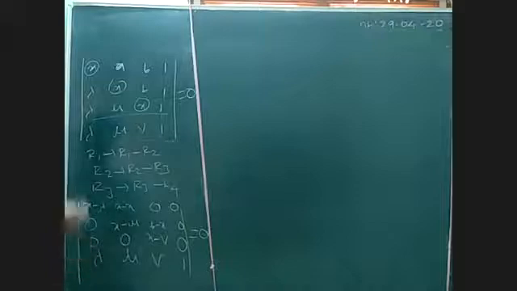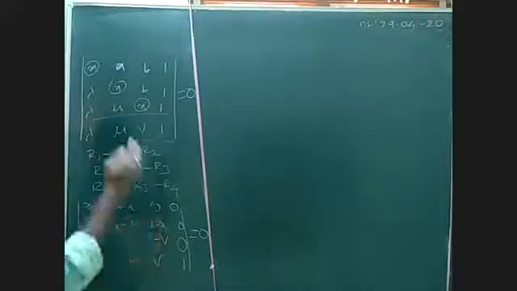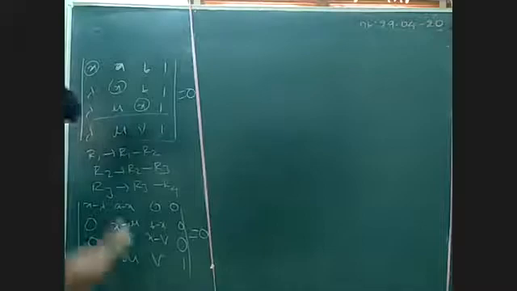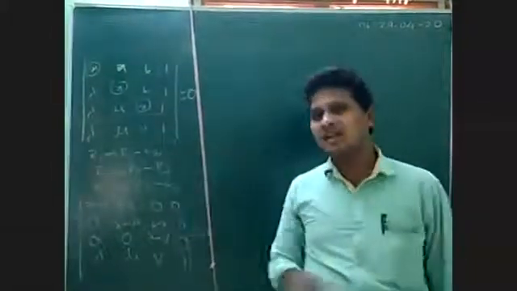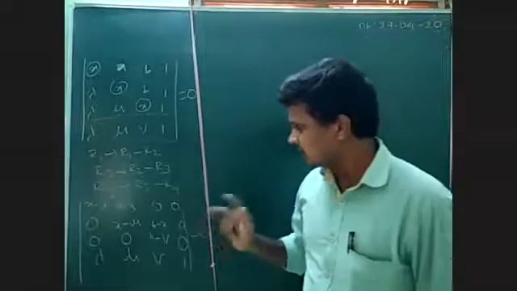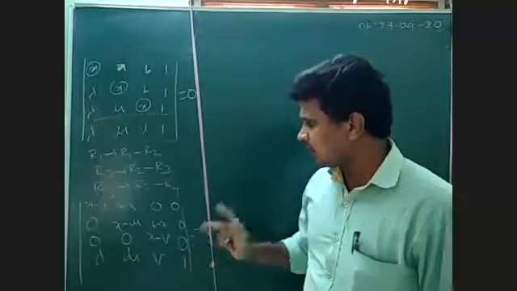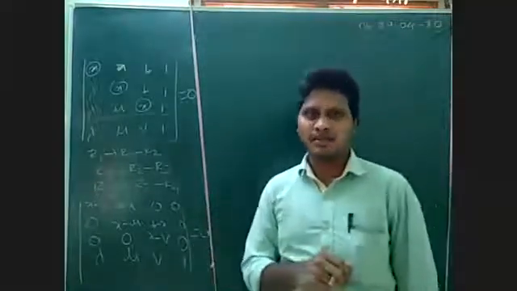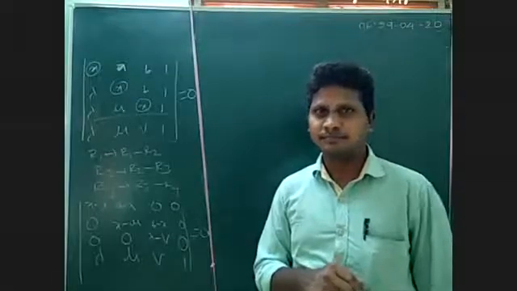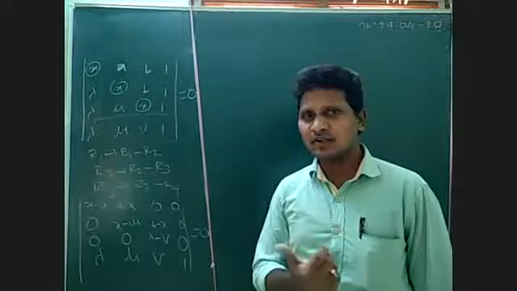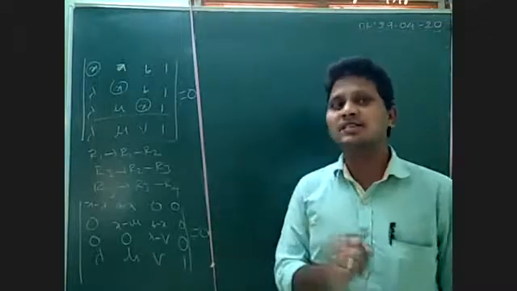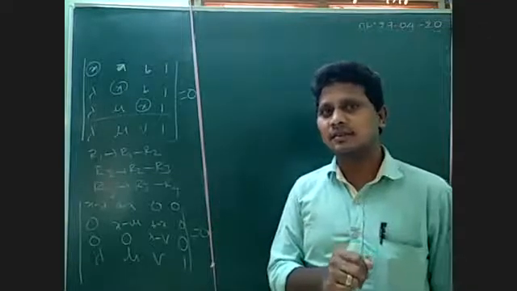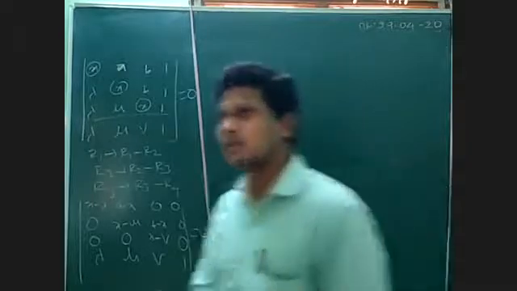Column transformation: first column, second column, third column, fourth column. So 8 ways are there to find the determinant. Let's see here, which is the easiest way to find the determinant? Using first row, second row, third row, fourth row, first column, second column, third column, fourth column. Which is easy? Yes? The third row, sir.